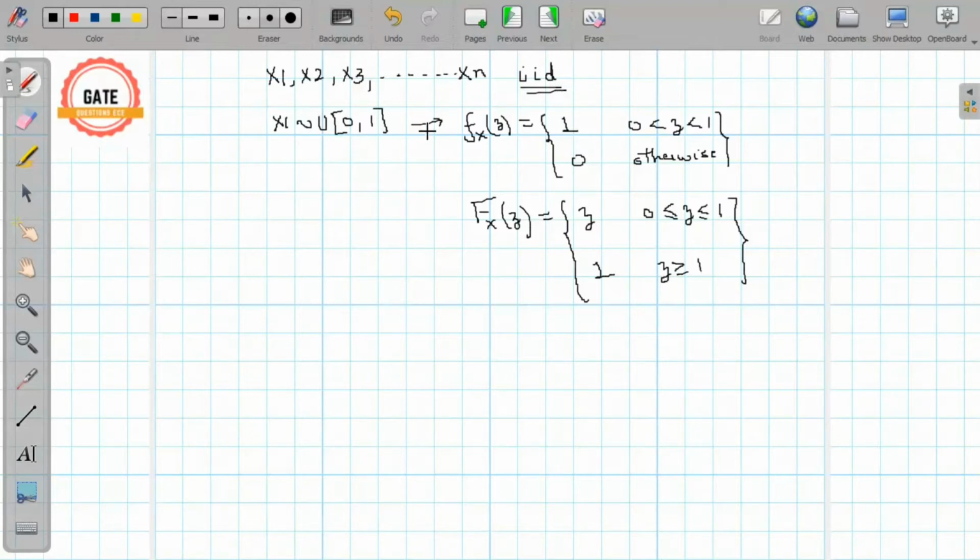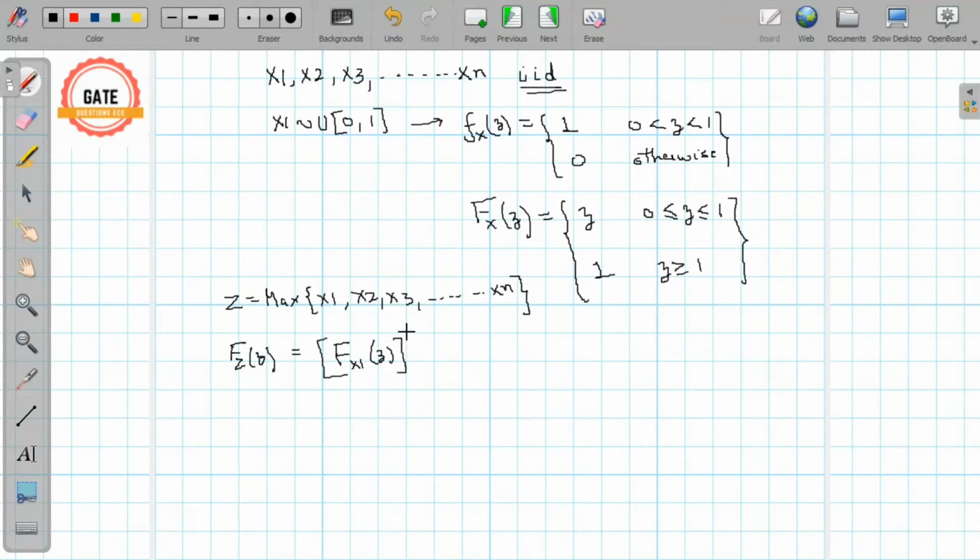Since they are identically distributed, all other random variables X2, X3 up to Xn will have the same expressions for the PDF and CDF. It's given that Z is equal to the maximum among all these n random variables. We know that for the i.i.d. case the CDF of Z will be equal to the CDF of any of these random variables raised to power n.